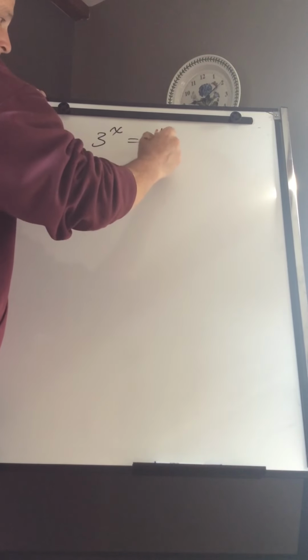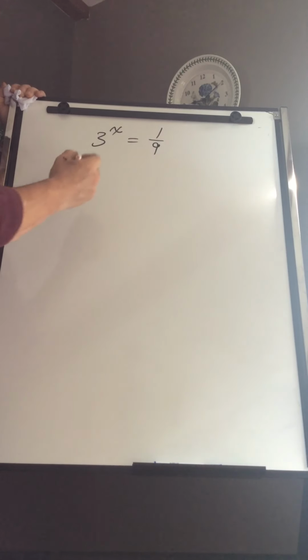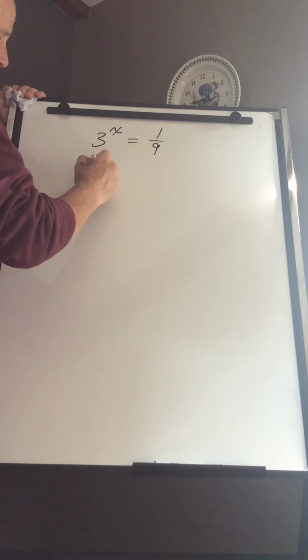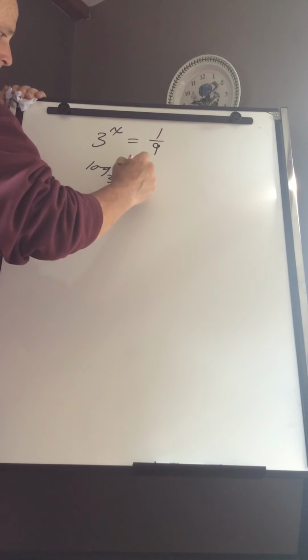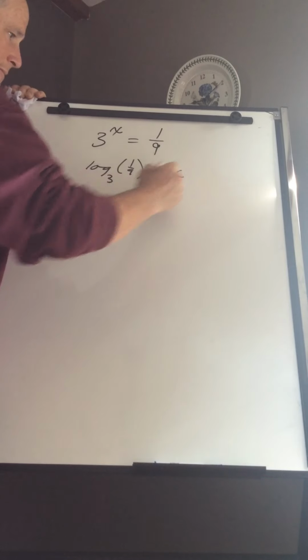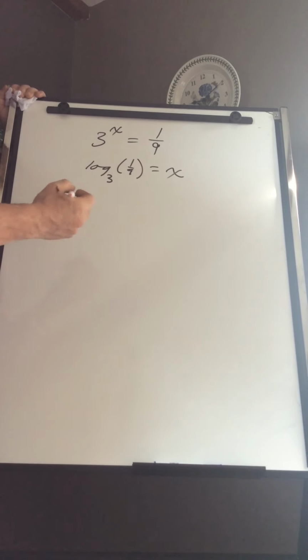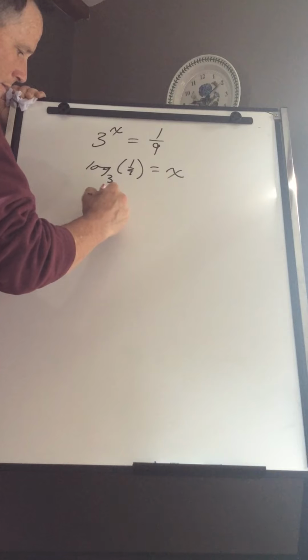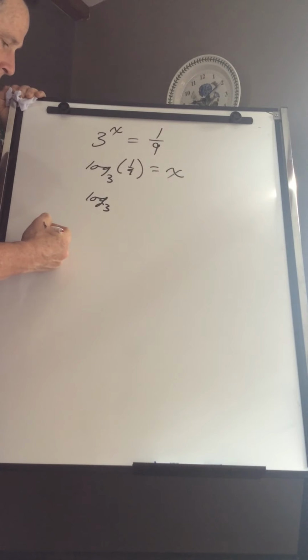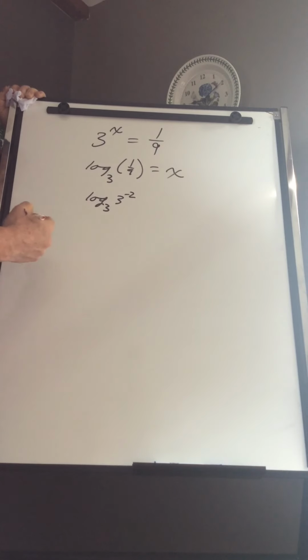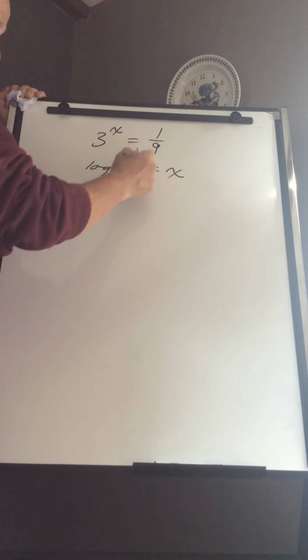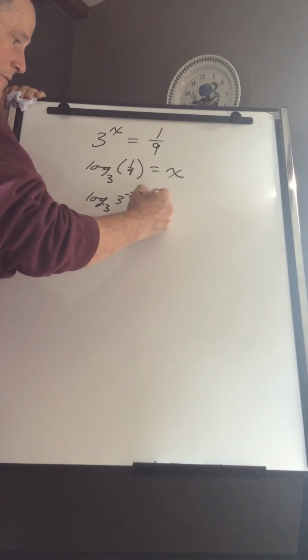So if I have 3 to the power of what equals 1 over 9. If I want to use logs to solve this, this would become log base 3 of 1 over 9 equals x. Not very helpful, but this is 3 to the negative 2, based on my understanding of laws of exponents, so I can change 1 over 9 to 3 to the negative 2.